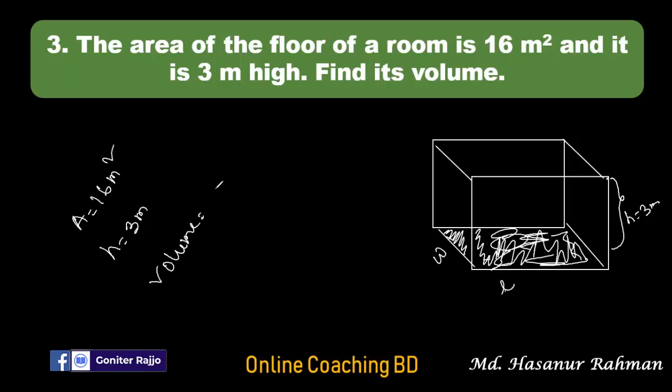Volume should be area multiplied by height. Why? Because area actually means length multiplied by width. So volume equal to area multiplied by height. So area equal to 16 multiplied by H equal to 3 and the unit should be meter cube. 16 multiplied by 3, that is 48 meter cube.